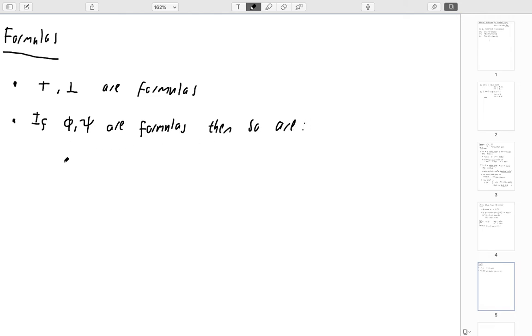So not phi, phi and psi is a formula, phi or psi is a formula, and phi implies psi is a formula. Okay, so we can build formulas in the same way as propositional logic. Also in propositional logic, we allowed ourselves to include propositional atoms as formulas.